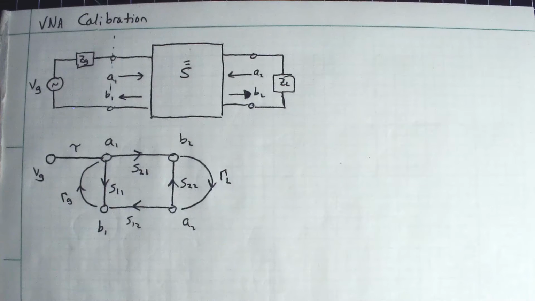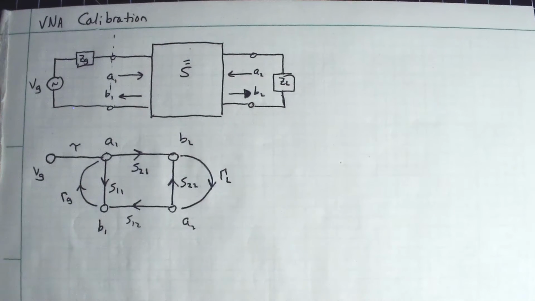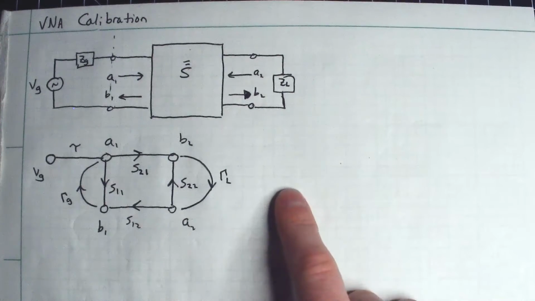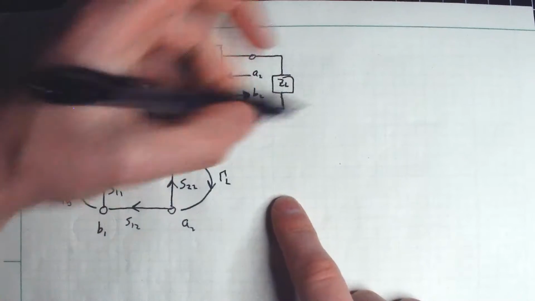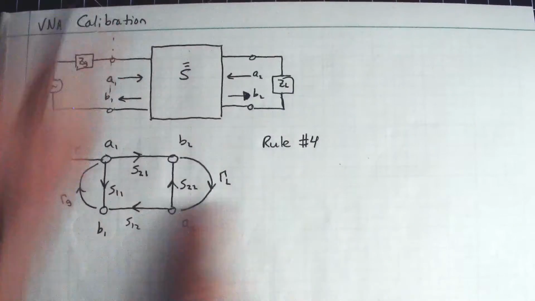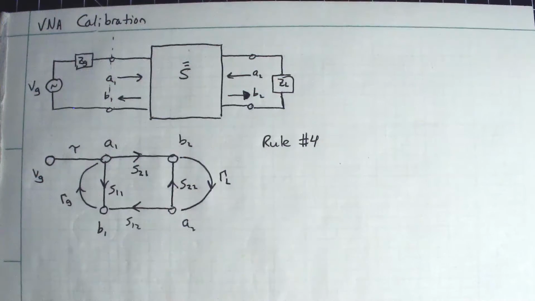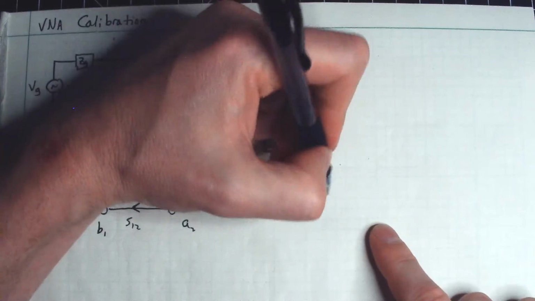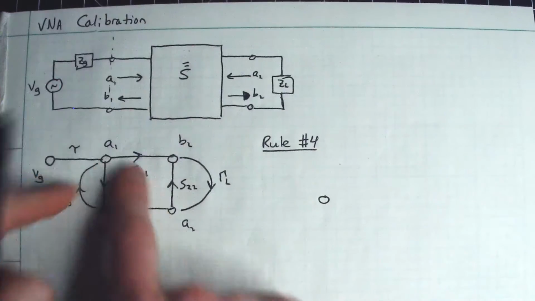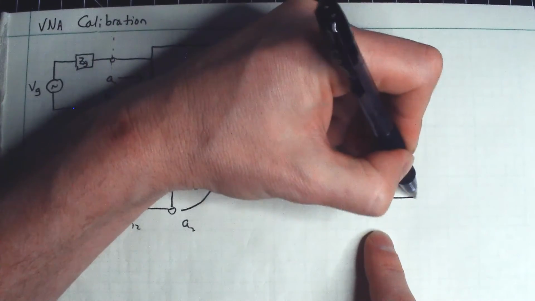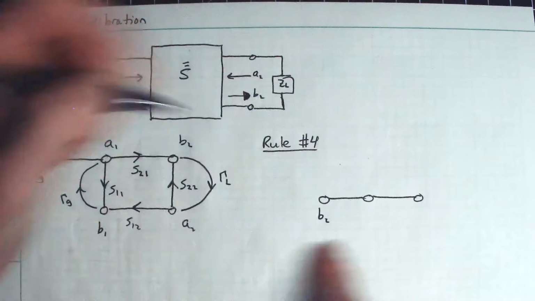Fortunately, we have a nice set of rules for the simplification of a complicated signal network here. So first things first, let's apply rule number 4. I'm going to apply it at this little branch here between A2 and B2 over here. So remember, rule number 4 was the split rule. So we can draw this little interaction here as the following little network. So here is B2.